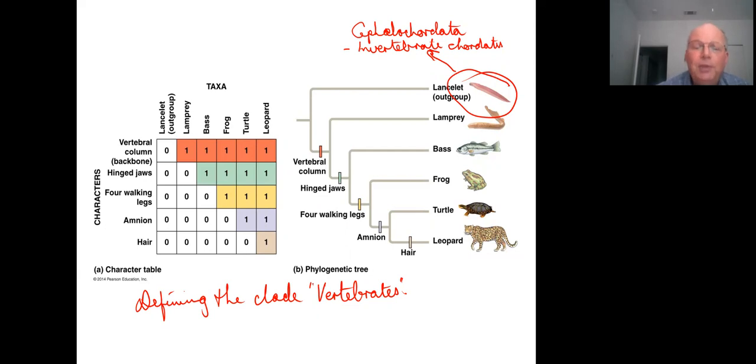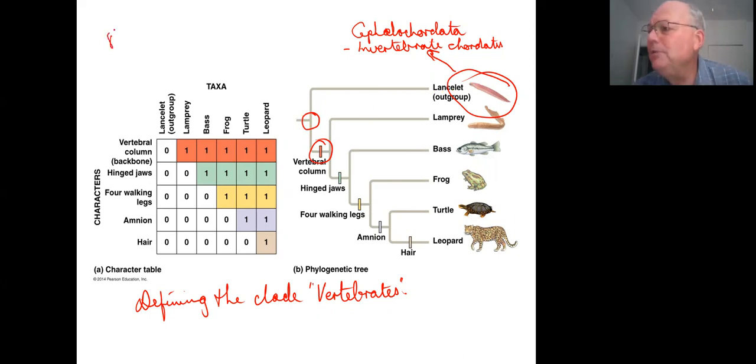So the defining feature of all vertebrates is the vertebral column. And so you see the vertebral column here, but this branch point that represents the branch in chordates from the common chordate ancestor shared by cephalochordata and vertebrates is defined not by similarities, but by the difference, the presence or absence of a vertebral column.